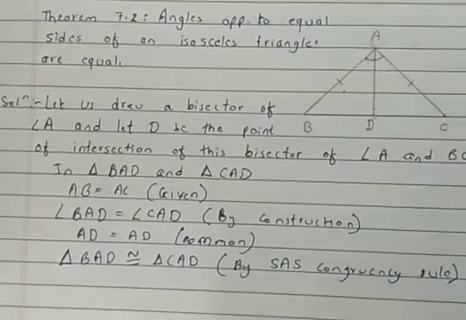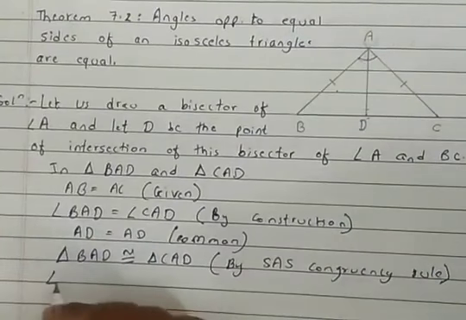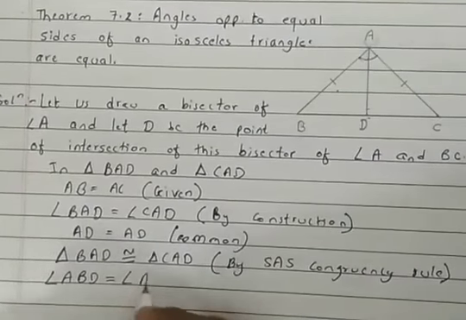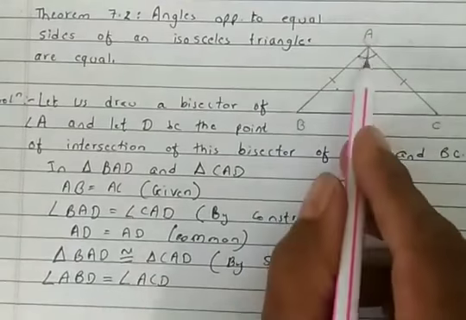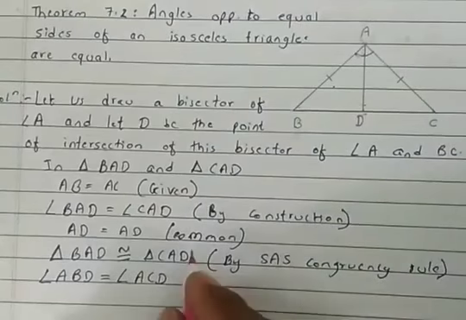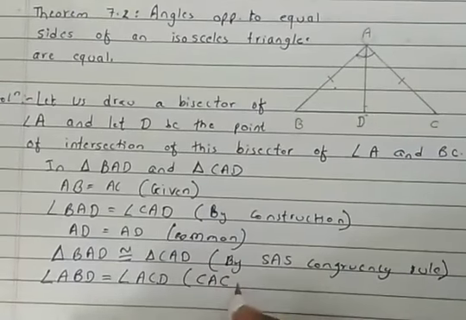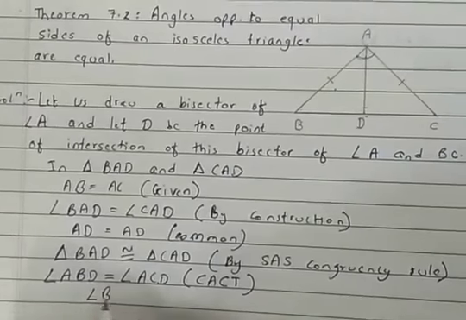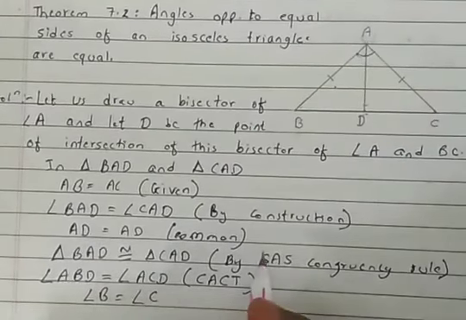Okay, so we can say that angle ABD is equal to angle ACD. How we can say that? Because they are corresponding angles of congruent triangles, right? You can write the short form also. Angle B is equal to angle C, right?